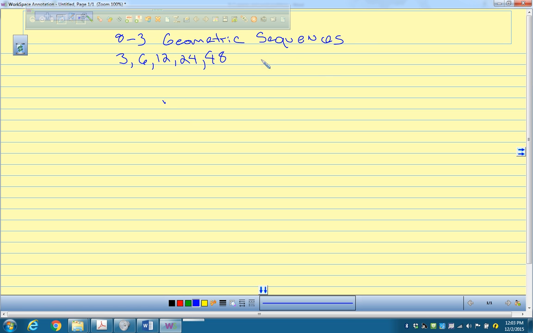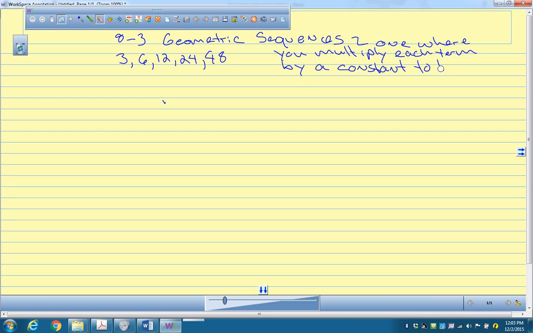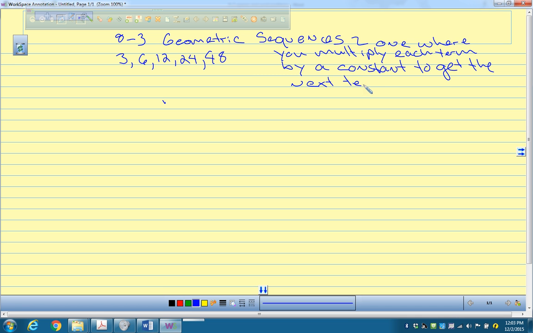Doubling, okay? So a geometric sequence is one where you multiply each term by a constant, or divide, to get the next term.